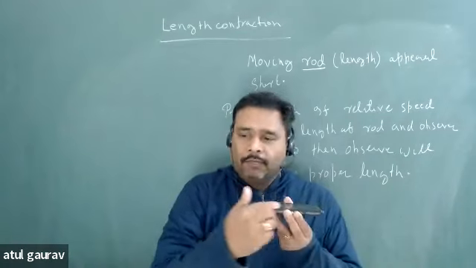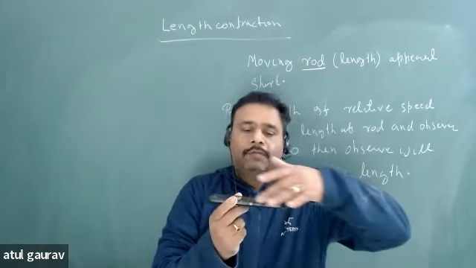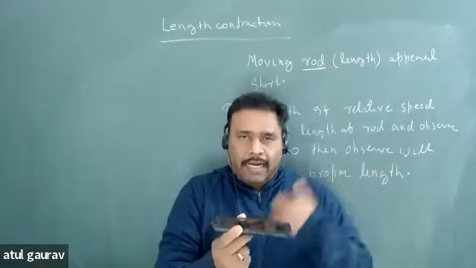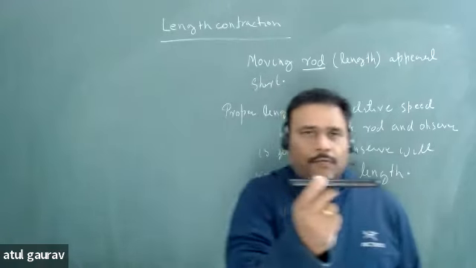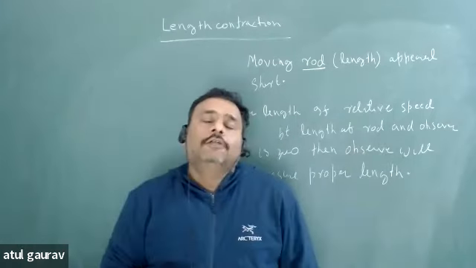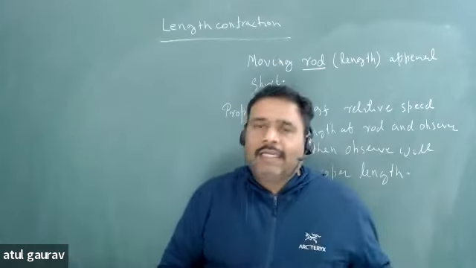You can just assume, suppose this is your length. I am just taking my mobile, and you can assume this is your length. And I am moving with the same speed as this mobile. So what I will find, this length is the proper length.